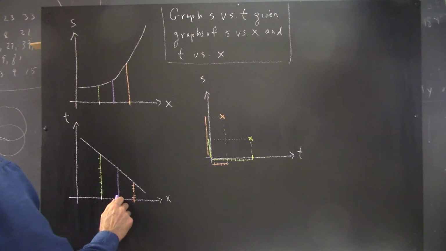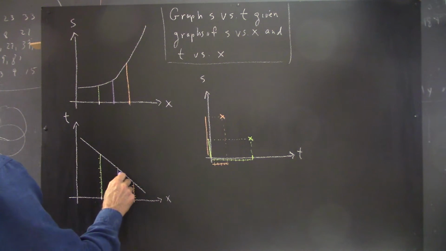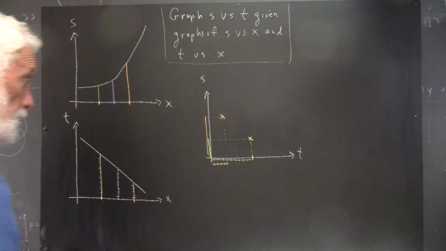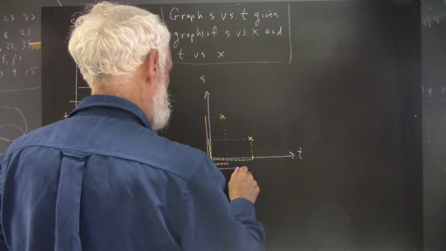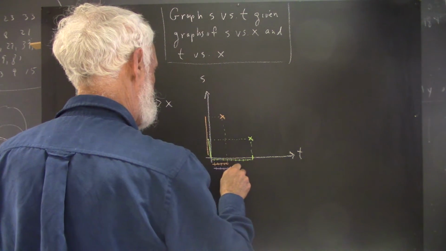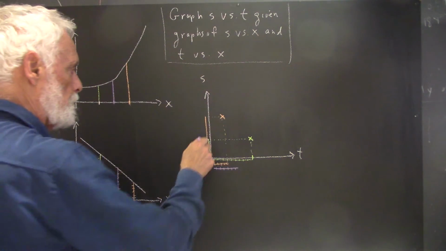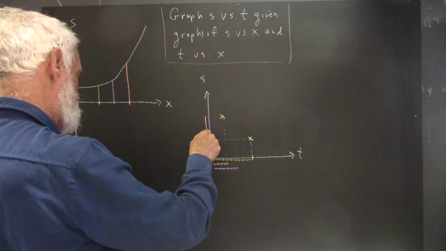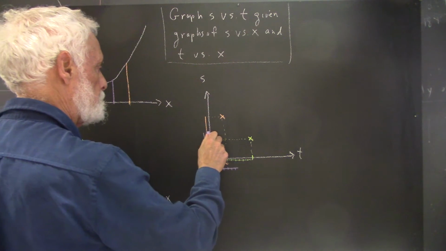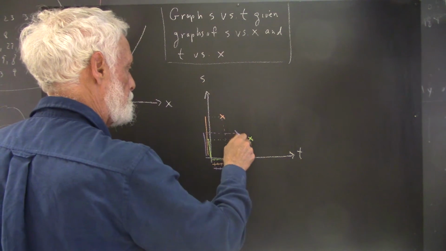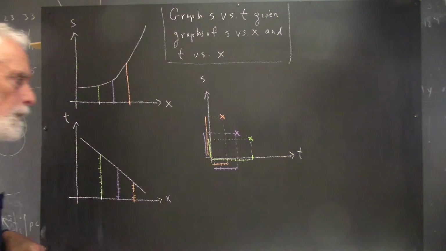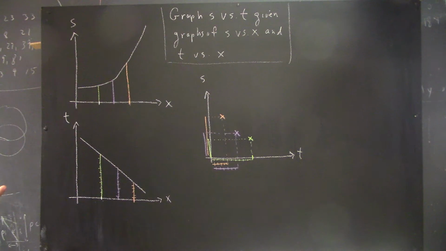We make tracks in the T value and keep our S value where it is. So our T value is going to be about maybe here, and our S value maybe about here. And there we have another point on the graph.